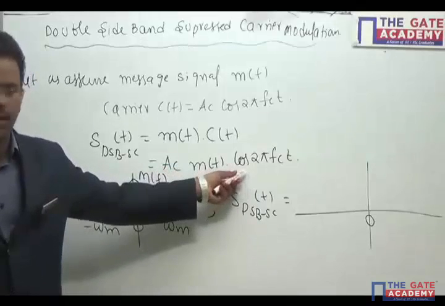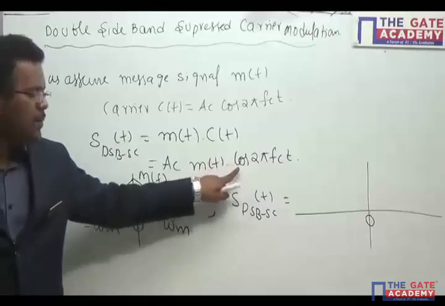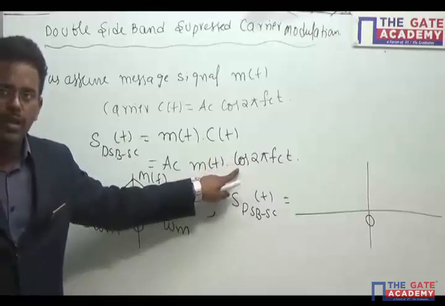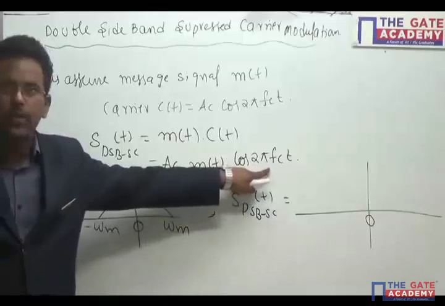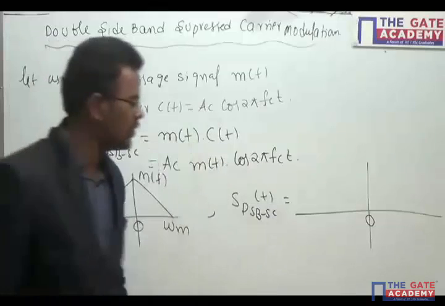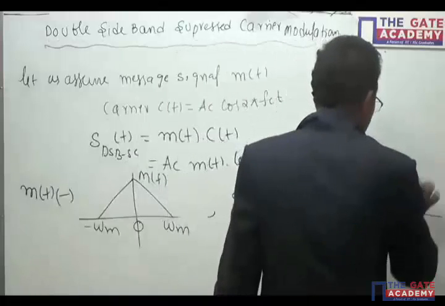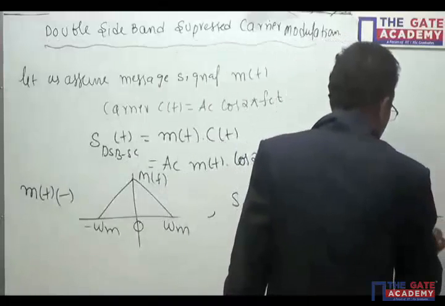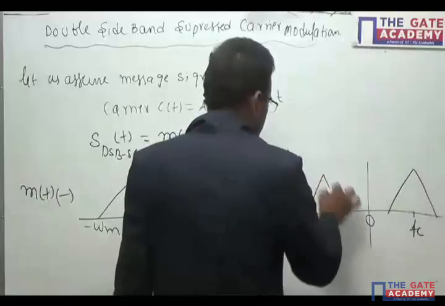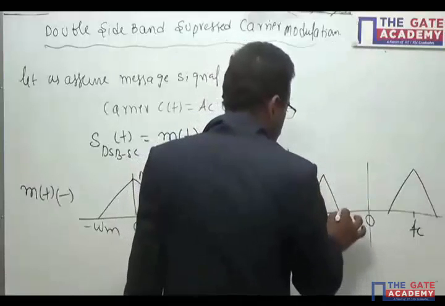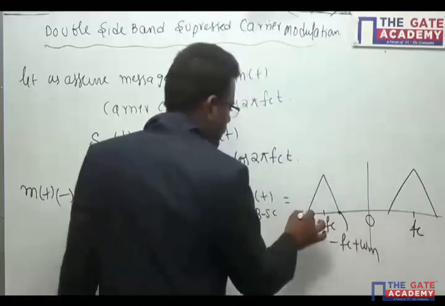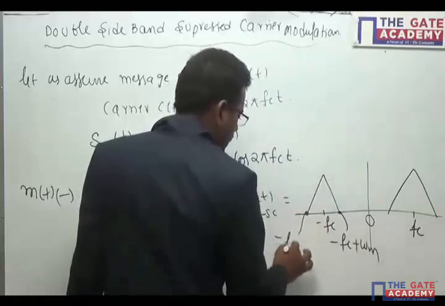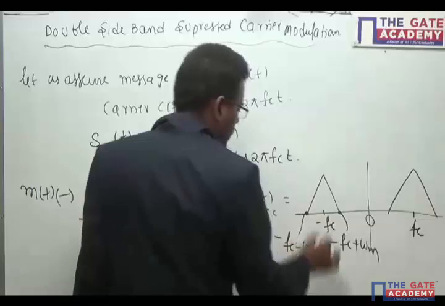Any signal multiplied with cos or sin, the spectrum of m(t) is shifted to its frequency. So it is shifted to fc as well as to minus fc. This will be minus fc plus ωm, and this will be minus fc minus ωm.